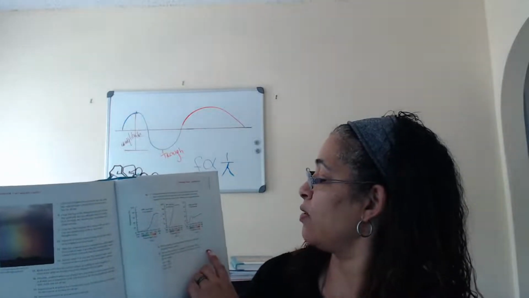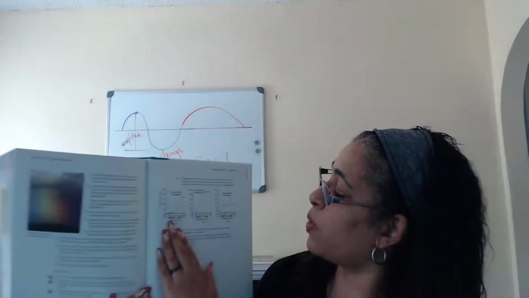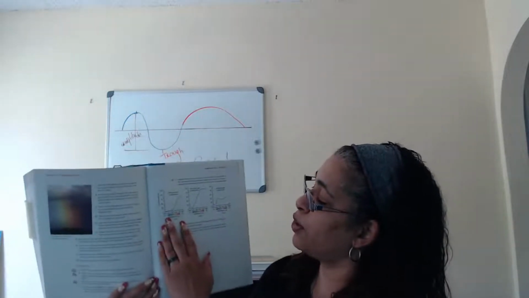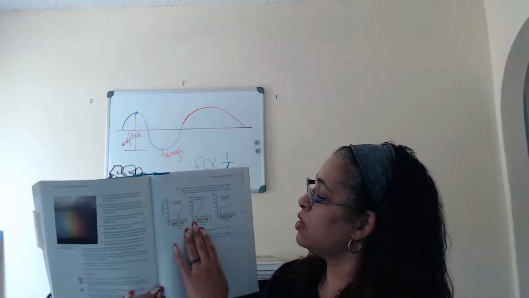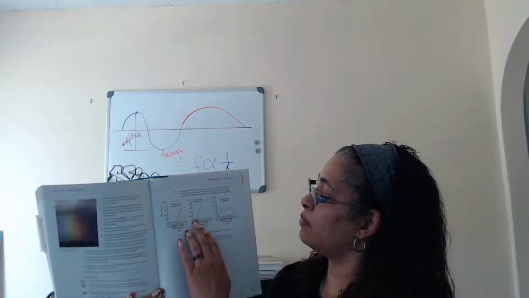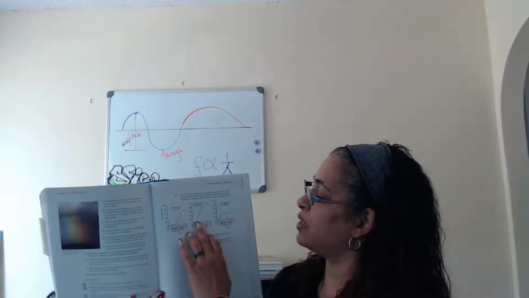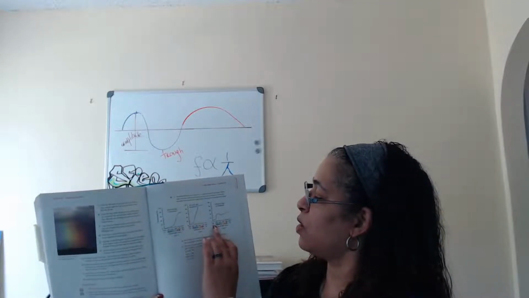Now, if you look here, you have your wavelengths where your ultraviolet light and your blue violet light is low. This is your ultraviolet and your violets and your blues, and this is low.